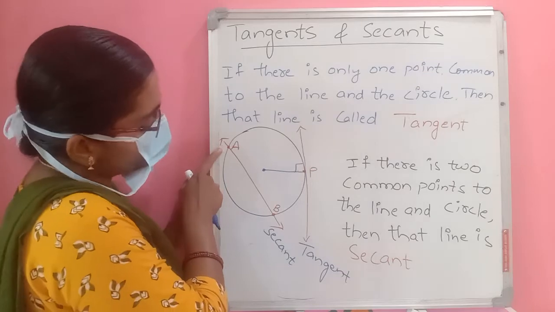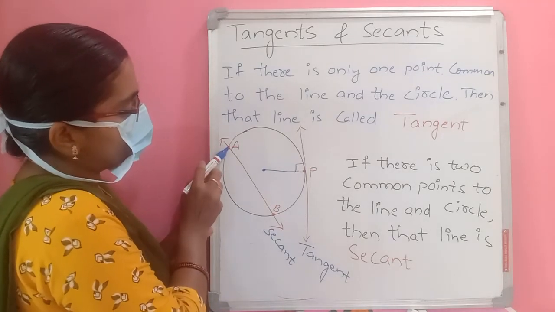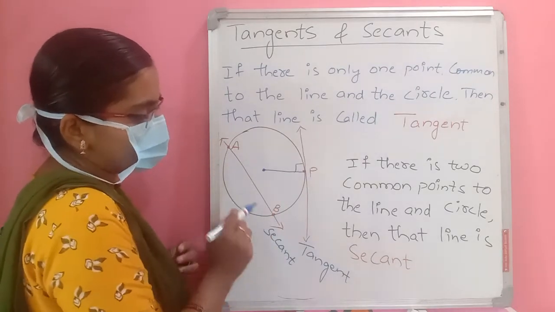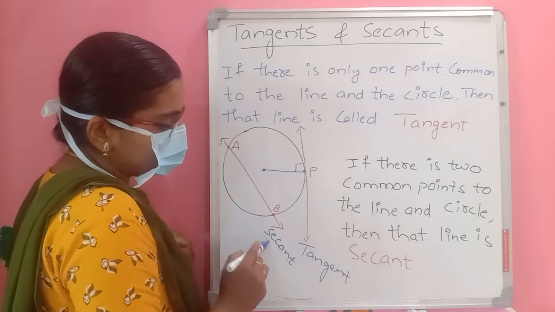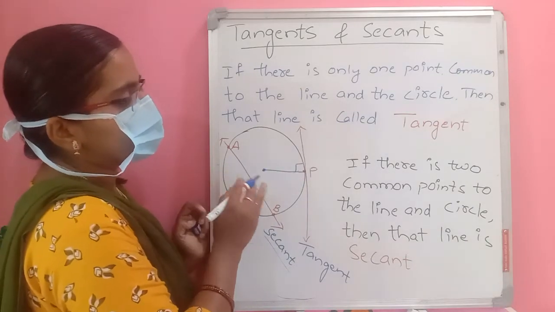Here you can observe this line and this circle have two common points A and B. When the circle and the line have two common points, then this line is called a secant of this circle. So this is the tangent of the circle.